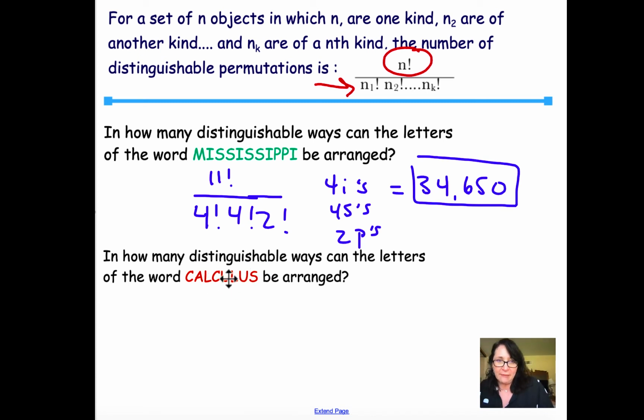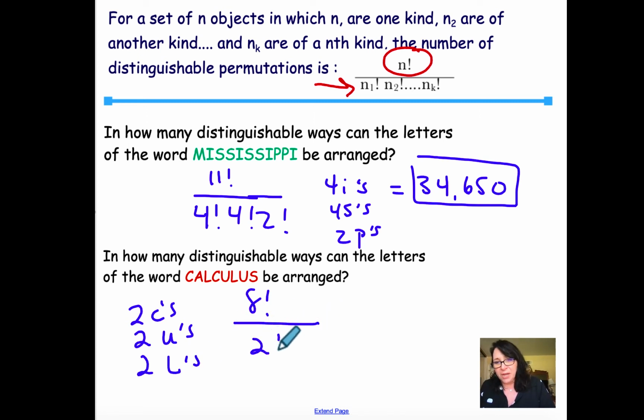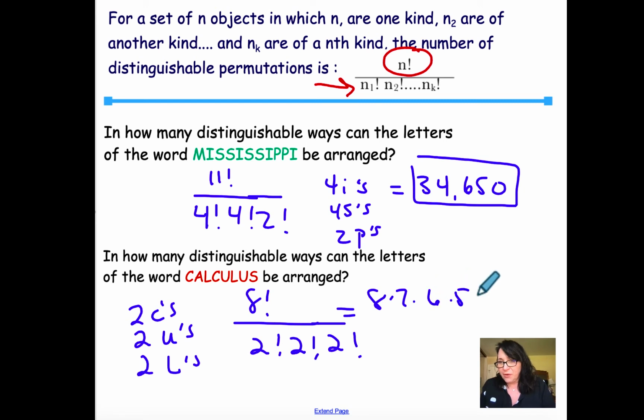Calculus, how many different letters do we have? We've got 1, 2, 3, 4, 5, 6, 7, 8 factorial. We have 2 C's, 2 U's, and 2 L's. And so this 8 factorial would be divided by 2 factorial times 2 factorial times 2 factorial. You can just work this out and multiply 8 times 7 times 6 times 5 times 4, 3, 2, 1.